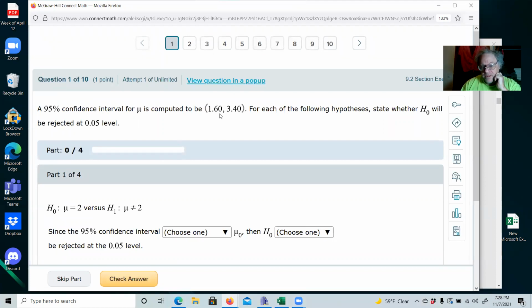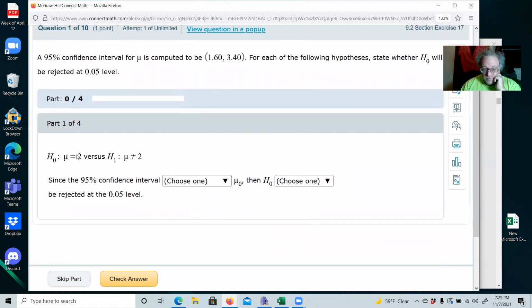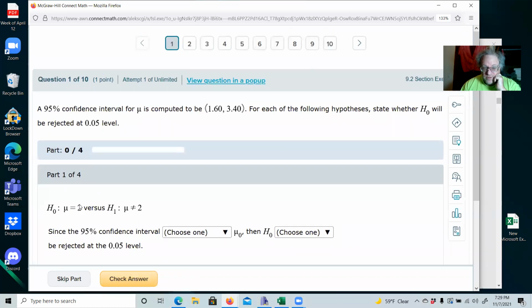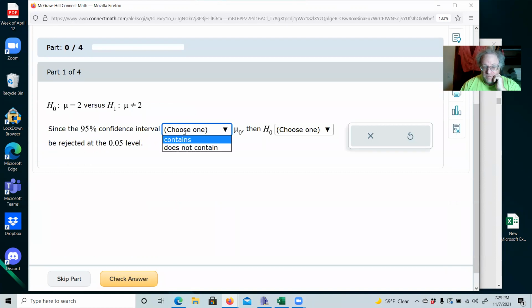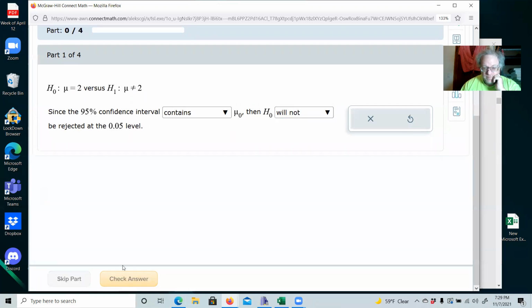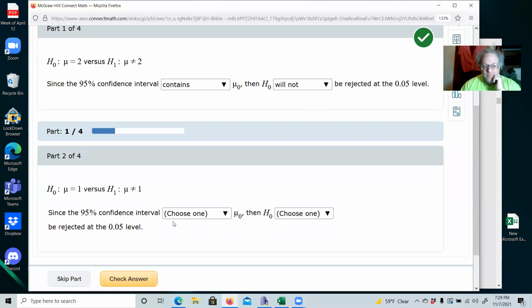Well, look at my confidence interval here. 2 is clearly in this interval, so we are not going to reject H0. If the interval contains mu0, H0 will not be rejected.